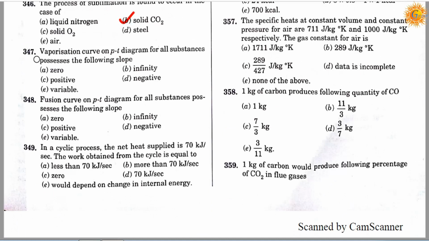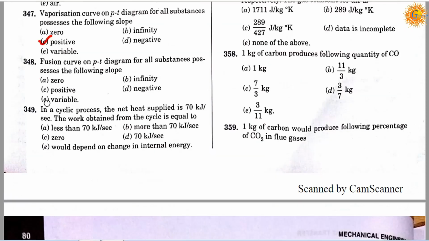Question number 347. Vaporization curve on a PT diagram for all substances possesses the following slope.